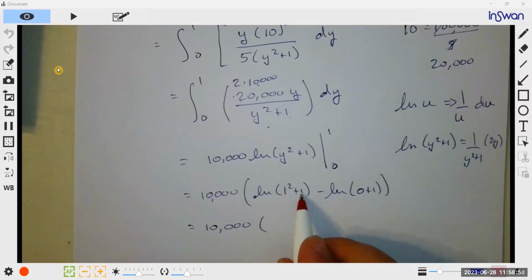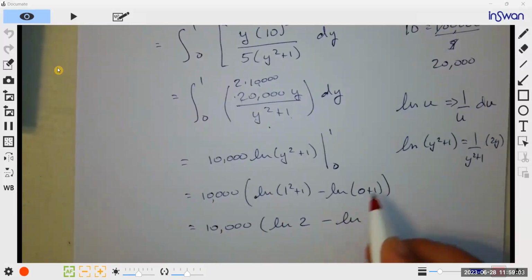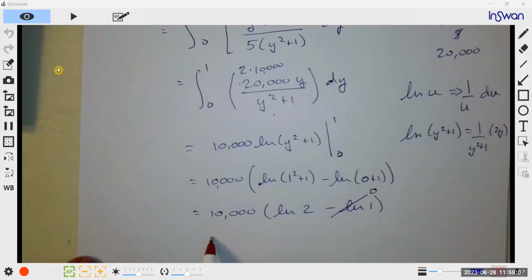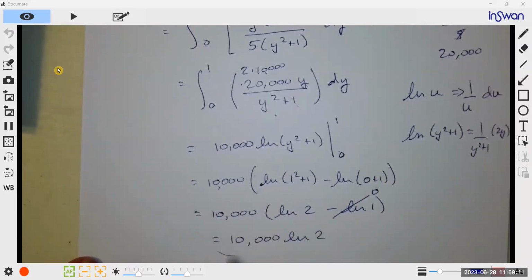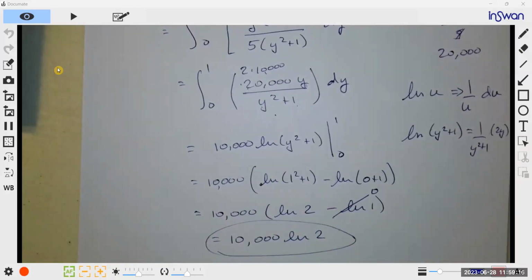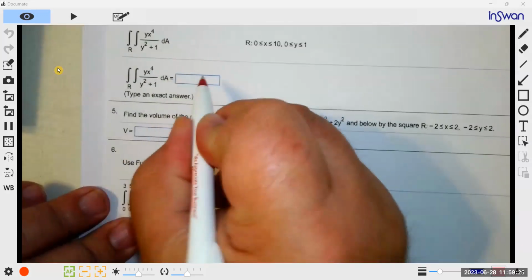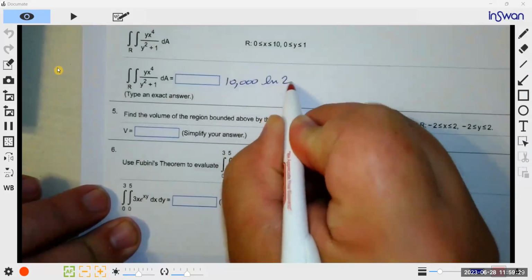One squared is 1, plus 1 is ln 2. 0 plus 1 is 1. ln of 1 is 0. So our answer is 10,000 ln 2. Right, so we put that in our answer: $10,000 ln 2.